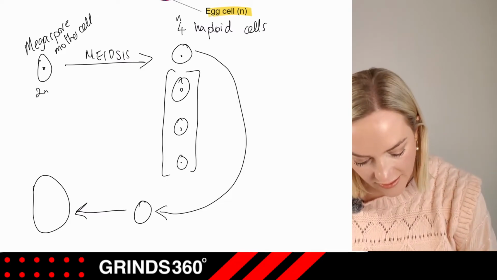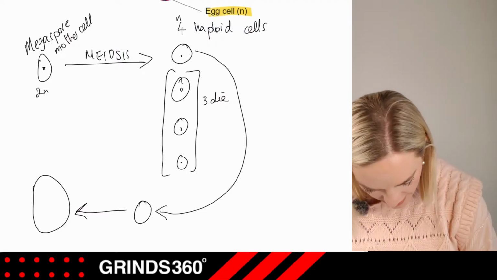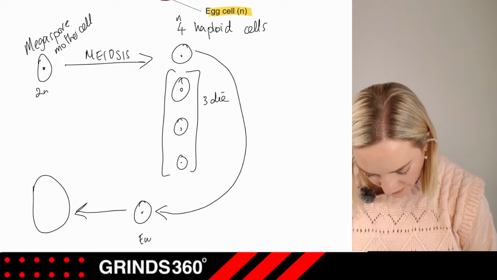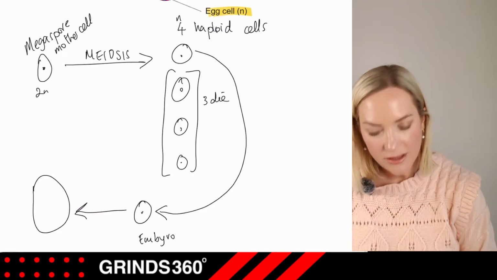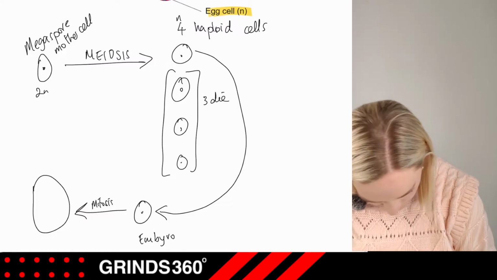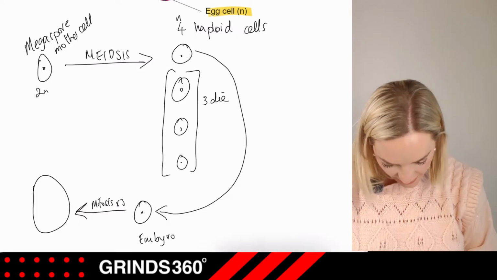I can say here, 3 die. So here I have my embryo. You can call this your immature embryo. This is going to divide by mitosis 3 times.